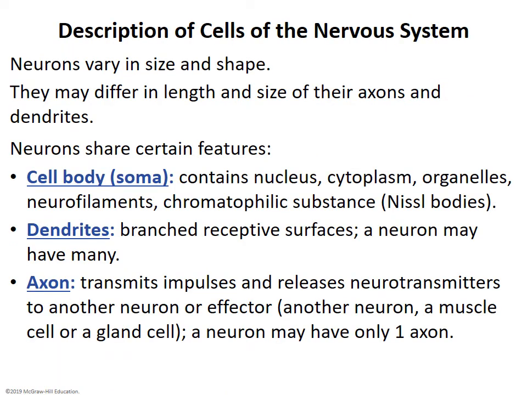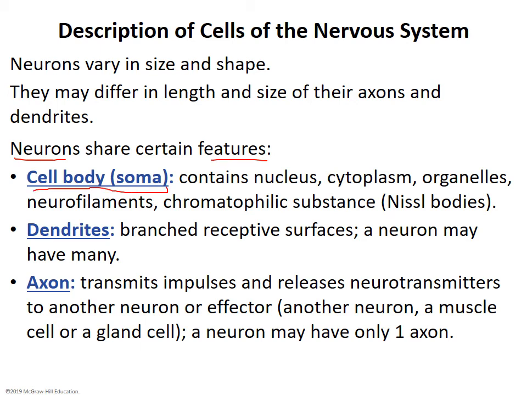And then we look at just simply the neuron, and we'll talk about the different neurons as we go through. In the neuron we have different types, but in general right now all we're looking at is the basics of it. The basic features of a neuron is a cell body.